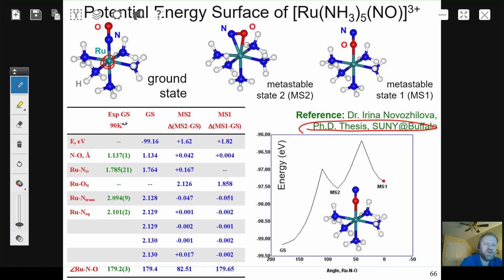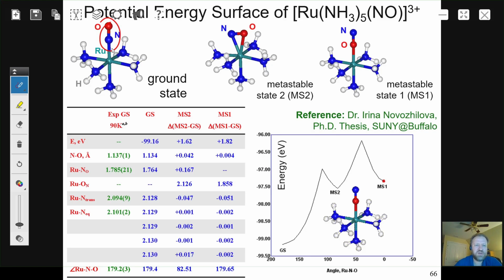You got 5 amino groups and nitro group, again, ruthenium nitrosyl complex. So in the ground state, which is the most stable, energetically favorable energy state, the nitro group is bonded to ruthenium using the nitrogen atom.